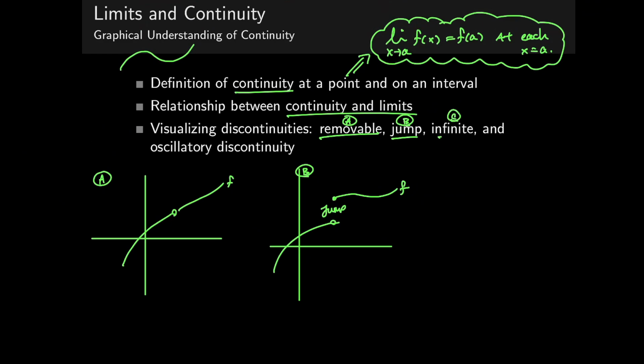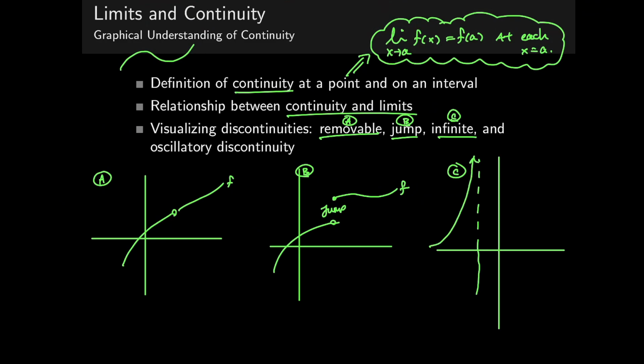An infinite discontinuity would look something like this. It comes in two flavors. You could have an asymptote here where the function is blasting off to positive infinity and negative infinity around it. This is pretty common.